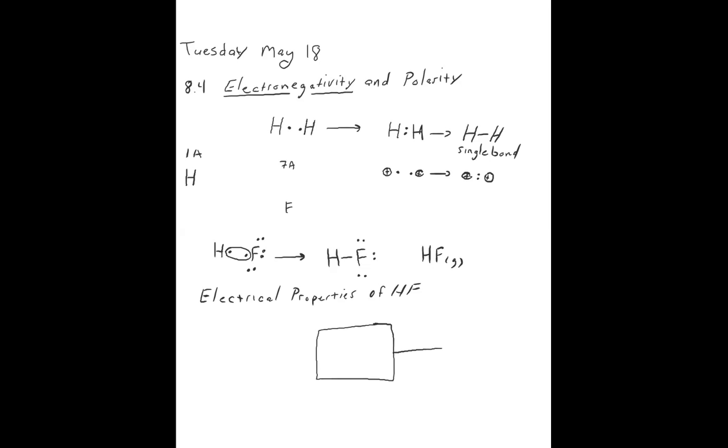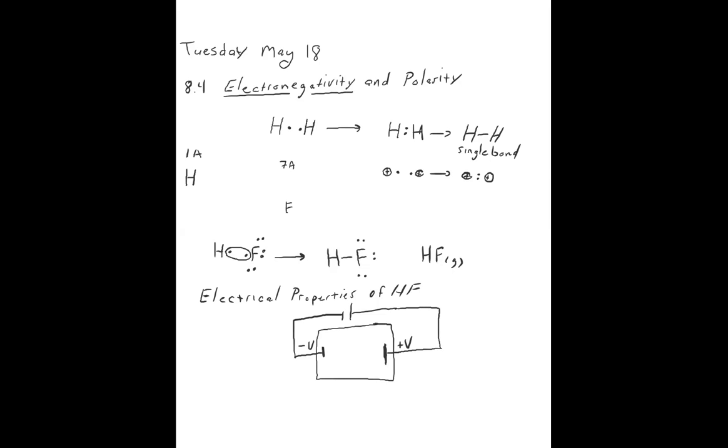So like right here, we're going to apply a positive voltage. And then over here, we're going to apply a negative voltage. Okay. So you have some sort of power supply, applying voltage.